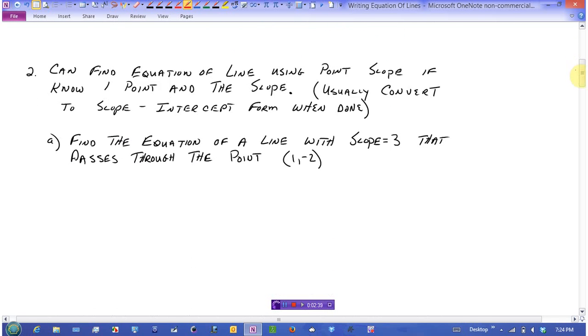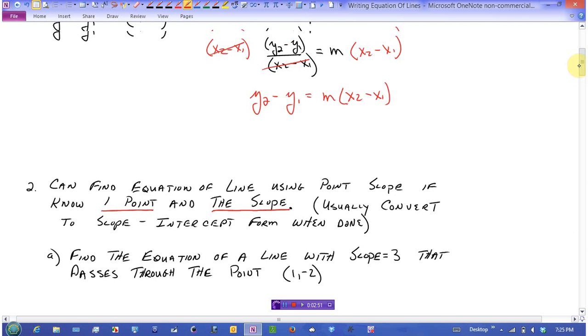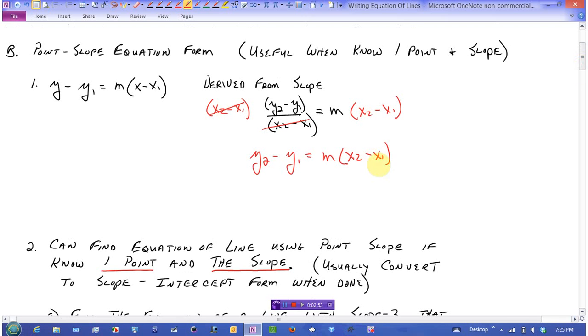Now, to use the point-slope form, what we need is at least one point and the slope, right? Because we can see from this equation, we need the point, x1, y1, and we need the slope.